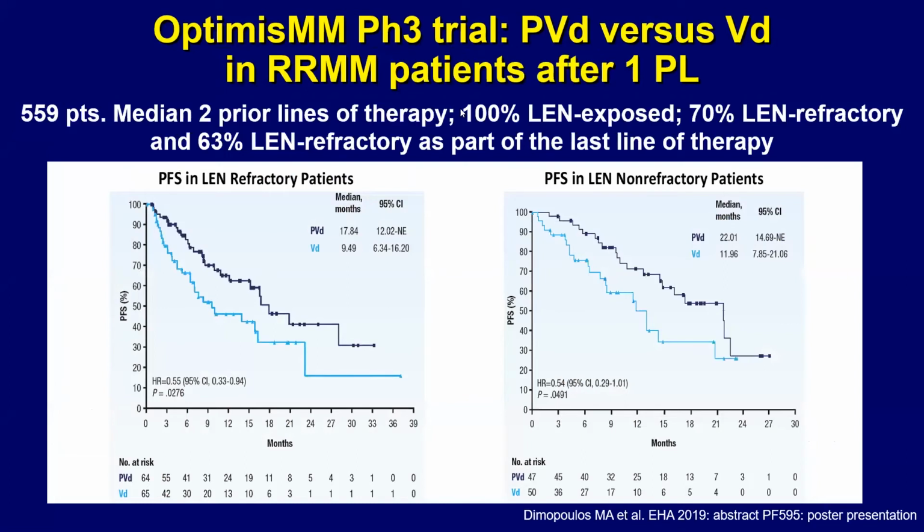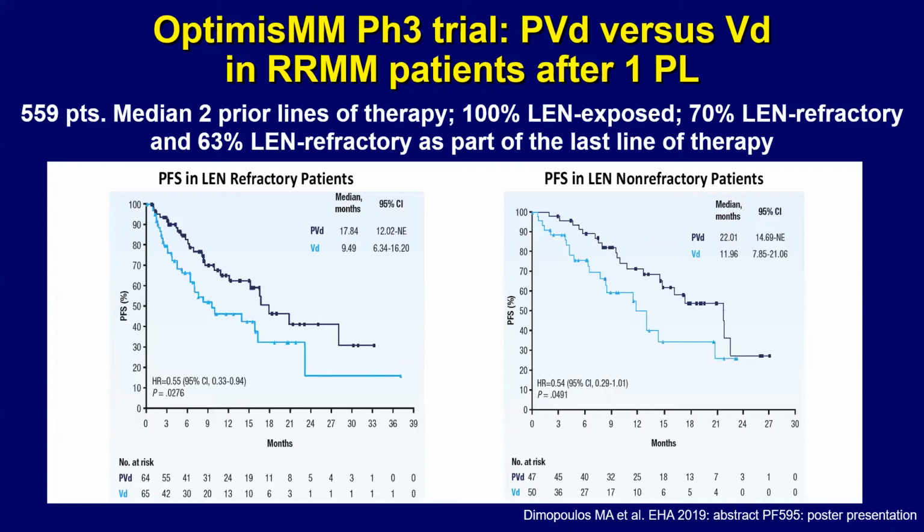Okay, this is the OPTIMISMM multiple myeloma trial. This is pomalidomide in combination with VD compared with VD in relapsed refractory multiple myeloma patients, but after first prior line.